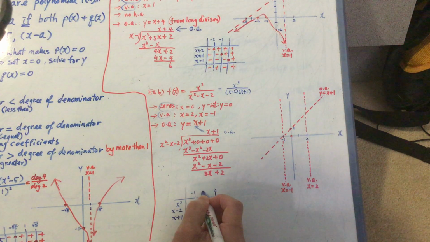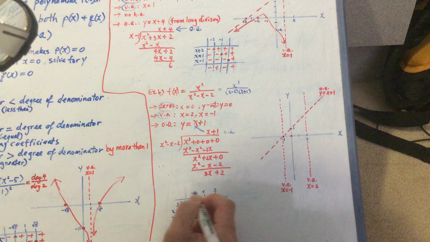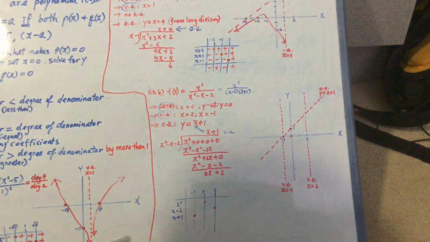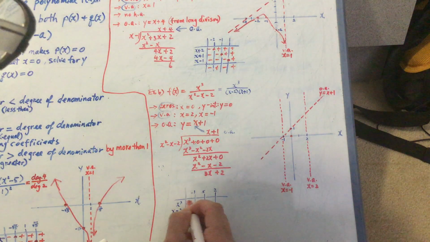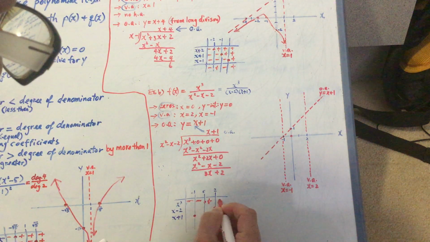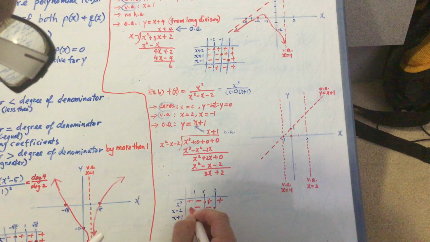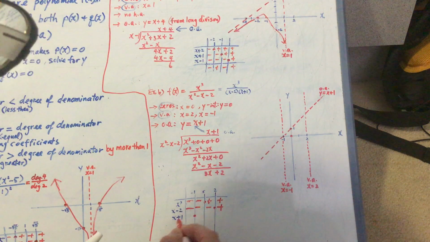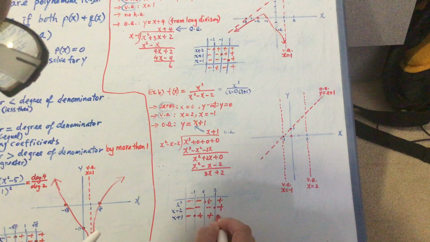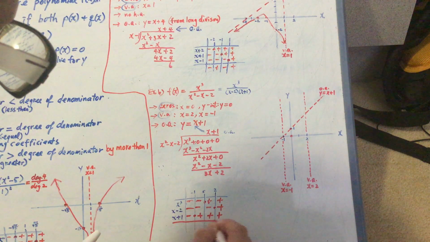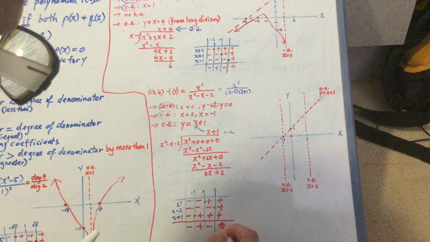I'm sorry, my ink is dying. So this is a 0. This is a -1 over here, okay? And so I have minus, minus, minus, positive, positive. And for x minus 2, I have a 0 here, so it's minus, minus, minus, and this is a positive. X plus 1, I have a 0 at -1, so minus, positive, positive, positive. Okay, so I total it up. So this becomes negative, positive, negative, positive.